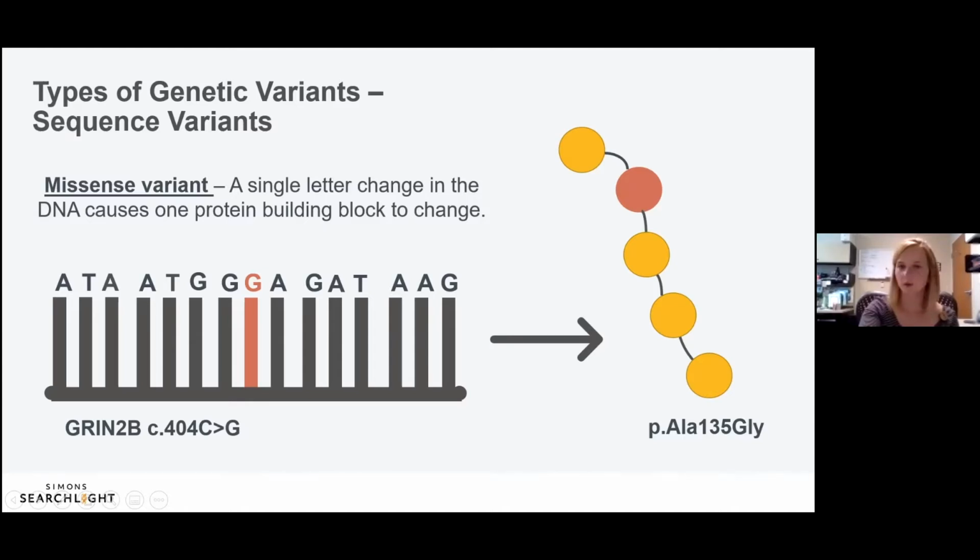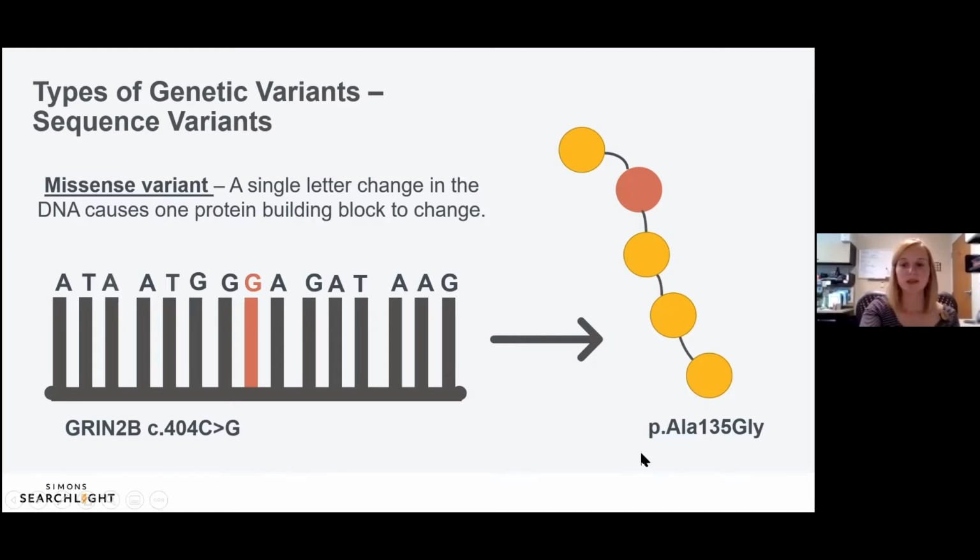The other amino acids are coded for exactly the same way, but this one is different. Sometimes these types of changes affect how that protein ultimately looks and works, but sometimes it doesn't. So that's something that we use genetic research to help us understand.